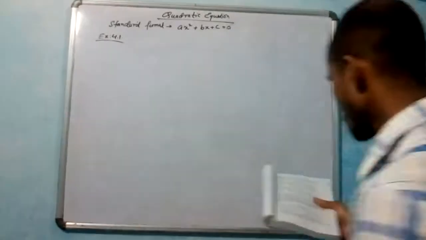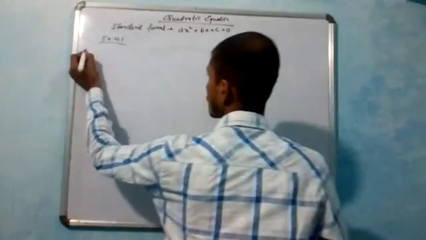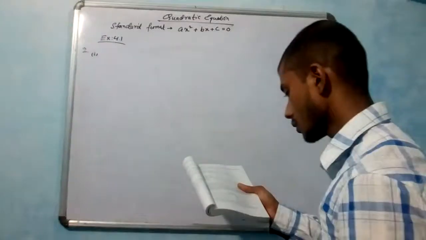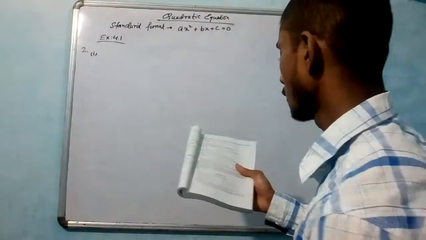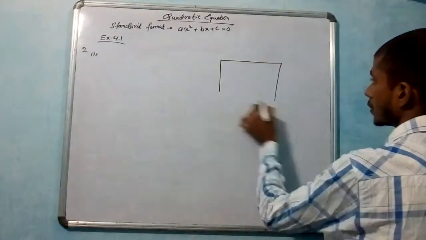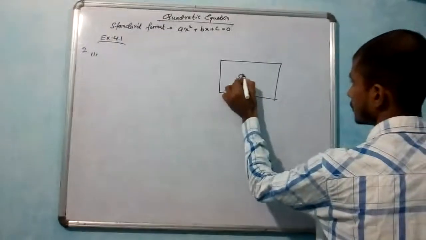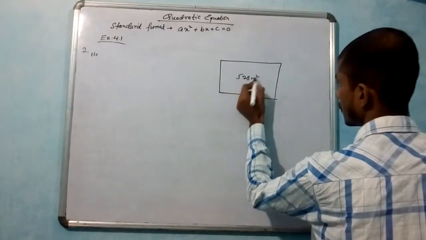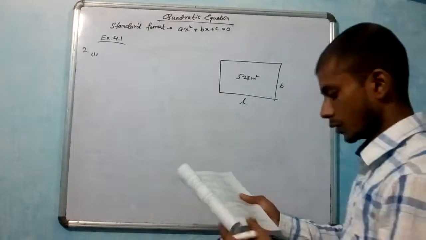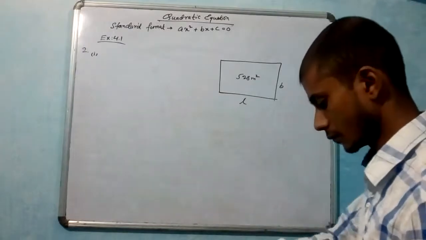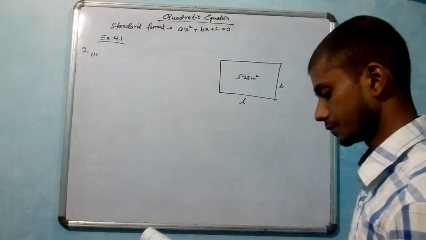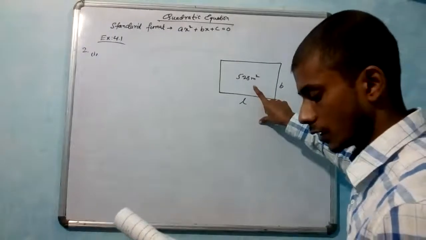Now read the question. Second question, the first one of exercise 4.1. The area of a rectangular plot is 528 meter square. See what is given: the area of a rectangular plot.